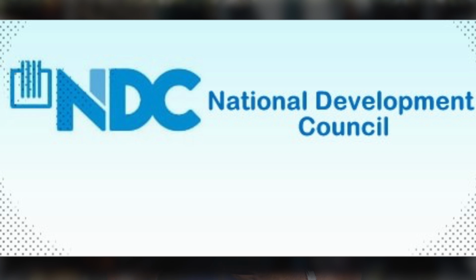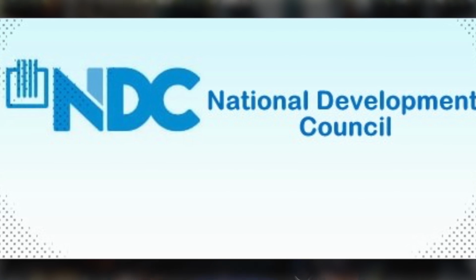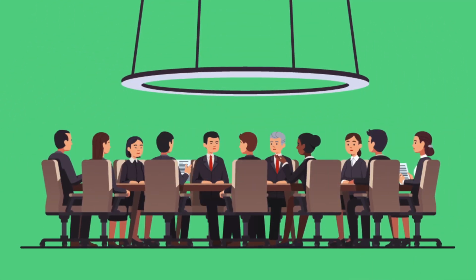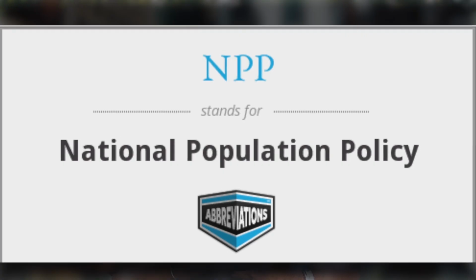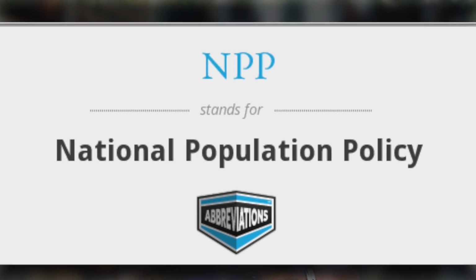Accordingly, the National Development Council, which we usually call the NDC, appointed a committee on population in 1991 under the chairmanship of Karunakaran, which submitted its report in 1993, recommending the formulation of a national population policy. Subsequently, an expert group headed by M.S. Swaminathan was appointed to prepare the draft of a national population policy.